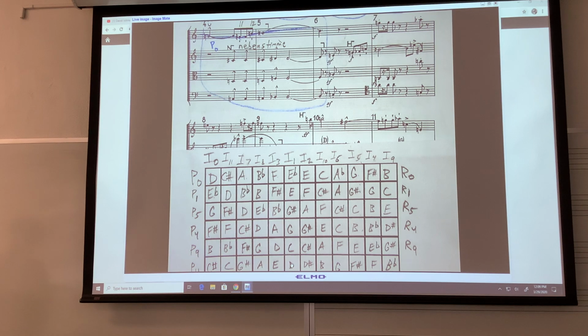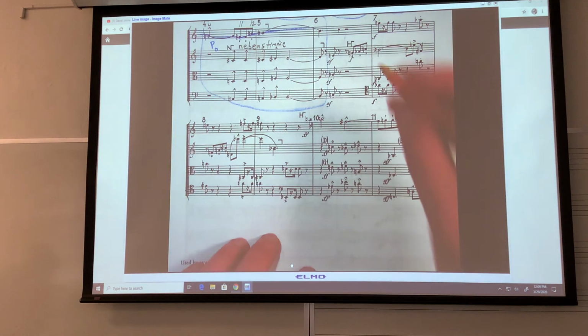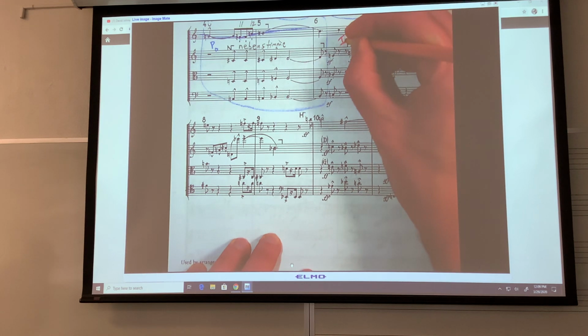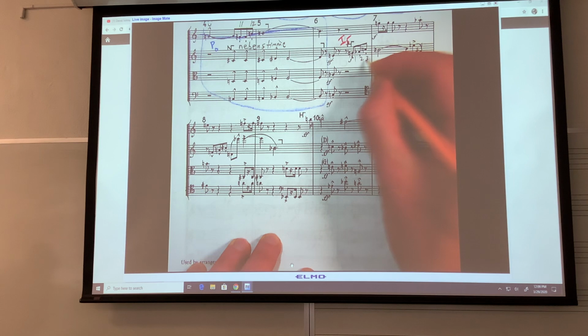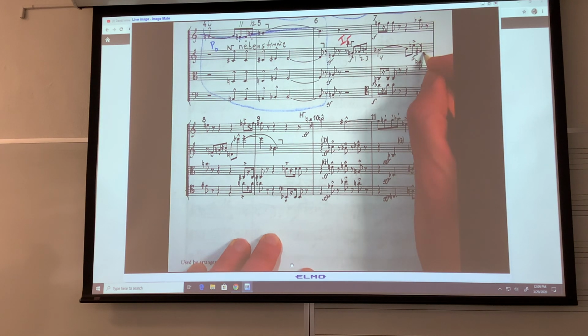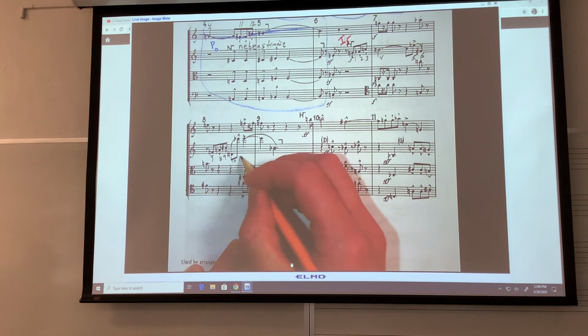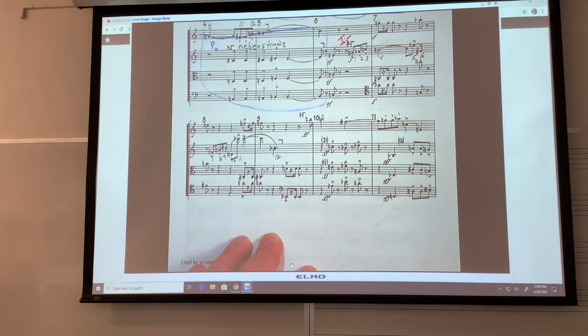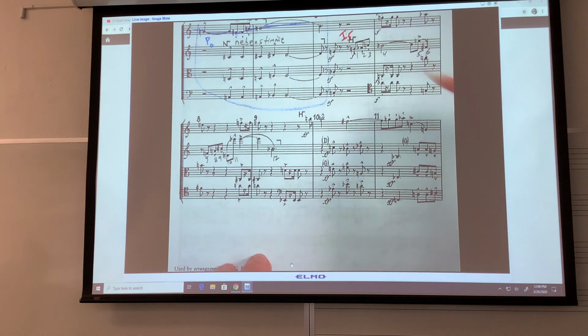How about red? And here are the notes. So we've got our notes and our I5.